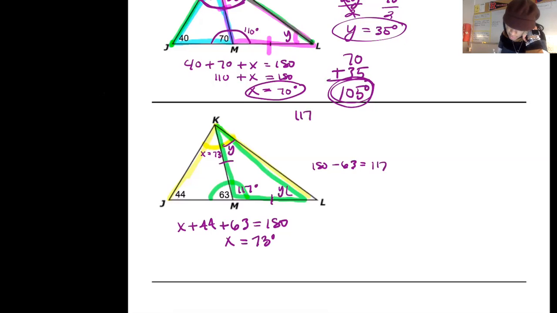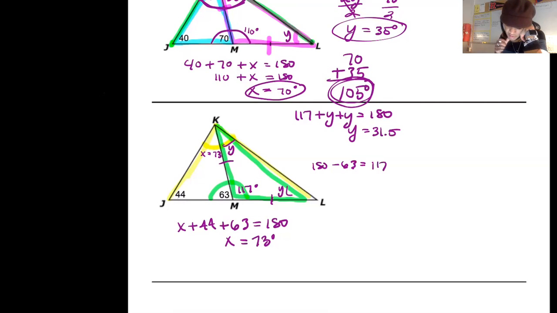So 117 plus y plus y equals 180. Put this in the equation solver. Y is going to equal 31.5.